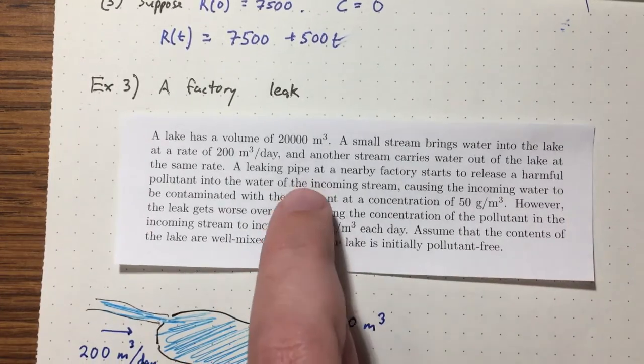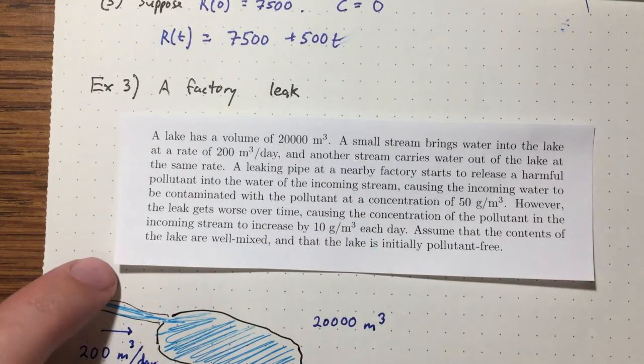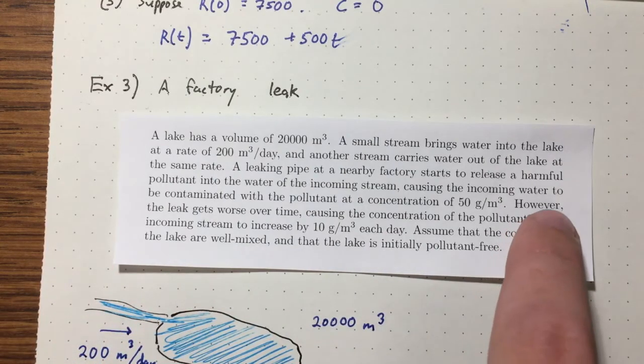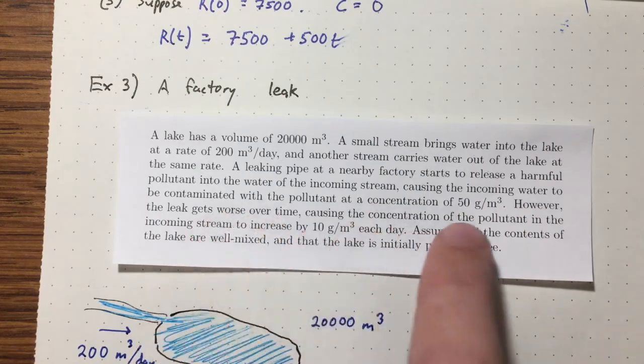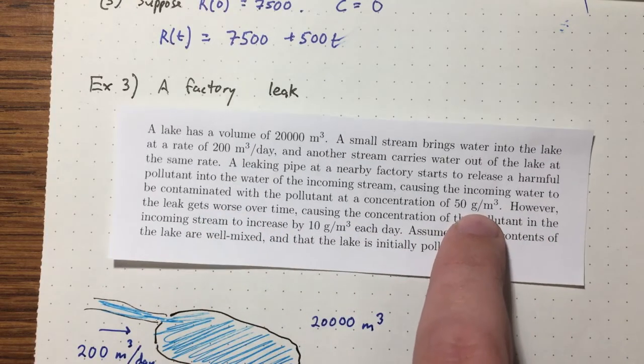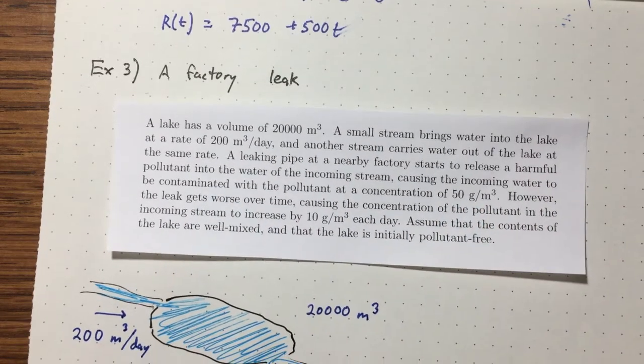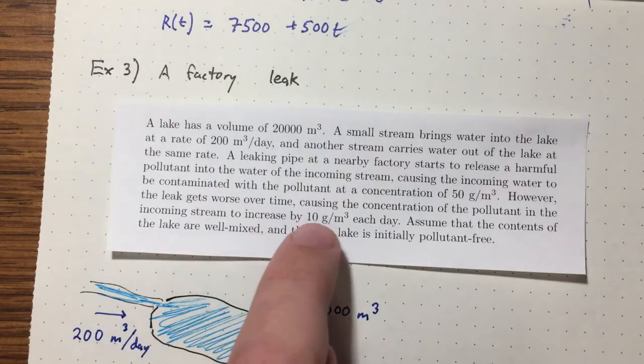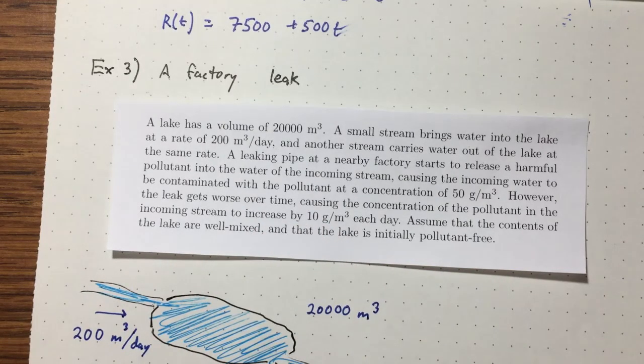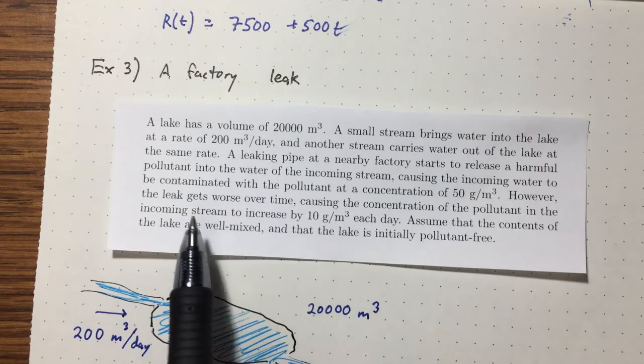But what's happening? So a leaking pipe at a nearby factory is actually going to release a pollutant into the water of the incoming stream, causing it to be contaminated at this concentration, 50 grams per meter cubed. However, that's actually going to change. So kind of like in the second problem, it's getting worse over time.